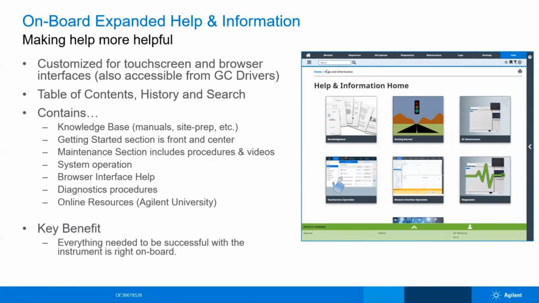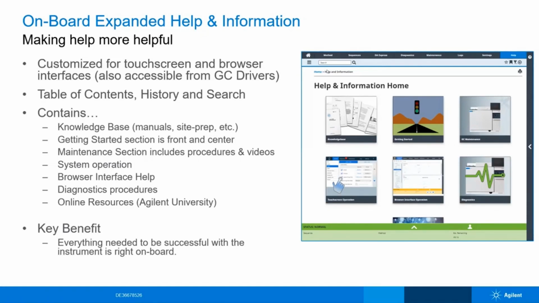So going through the help and information section on your system is a great way to identify all of the key documentation here. And additionally, you can log in through your browser by just typing in the IP address of the instrument through any PC that is connected securely to the instrument.